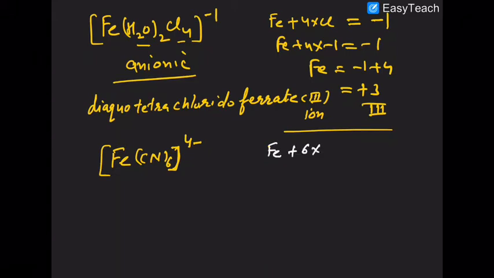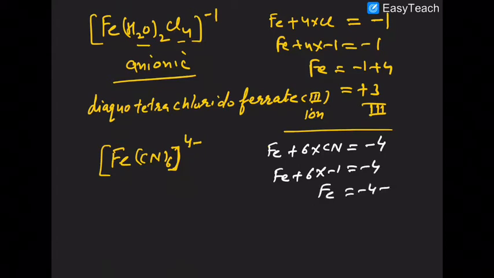Iron plus 6 into cyanide. Overall charge is -4. So it is -6 plus 6... so there will be +2. So iron carries charge of +2.